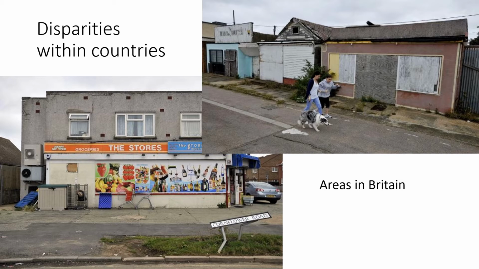You can take, for instance, the wealthy wards of Woollerton and West Bridgford and contrast them with the much poorer wards of St Anne's, Lenton, Radford, Hyson Green, much poorer, much more deprived neighbourhoods. So disparities, yes, they exist between countries, but they also exist within countries.